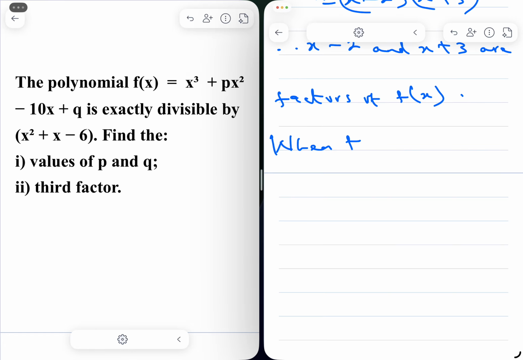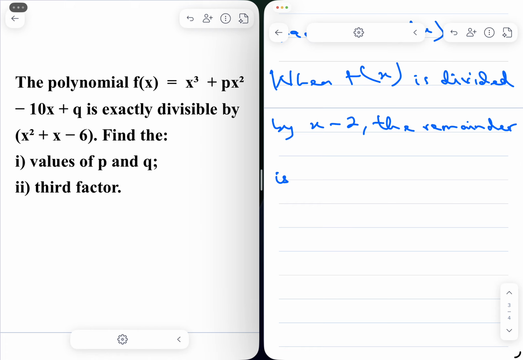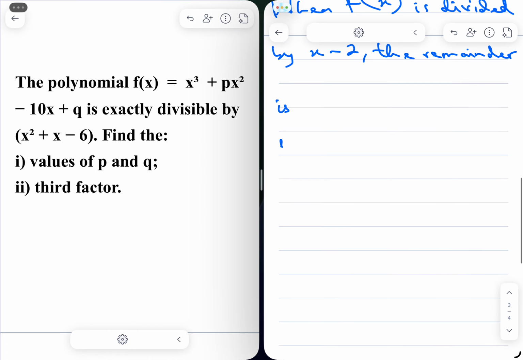So when f of x is divided by x minus 2, the remainder is f of 2 by the remainder theorem, and that's equal to 0.